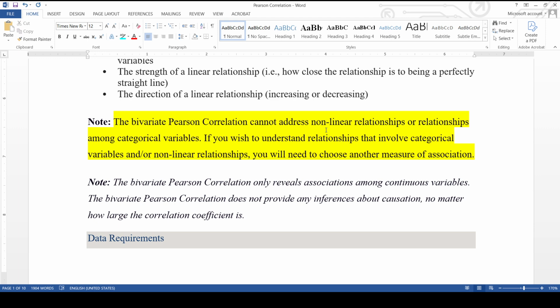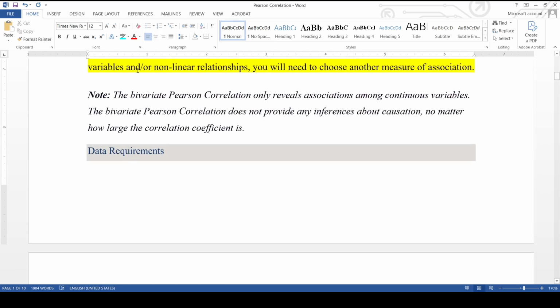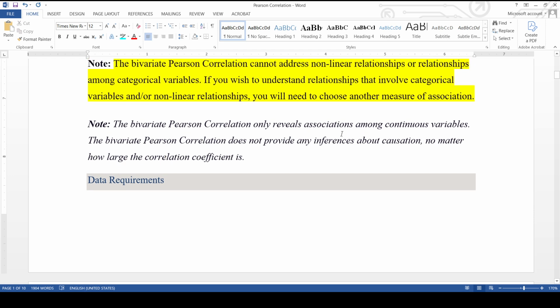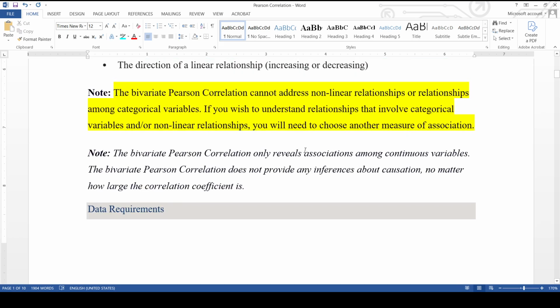This is strictly on relationship. There is another one on association. If you remember, the chi-square we used last week was also a measure of association. So take note of what each of these can do. Let's just move on and understand more of this concept. Bivariate Pearson correlation only reveals association.